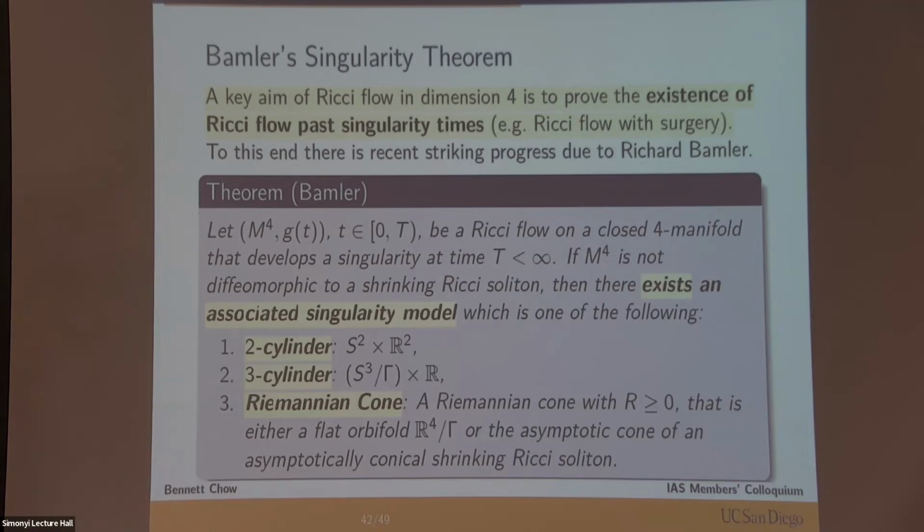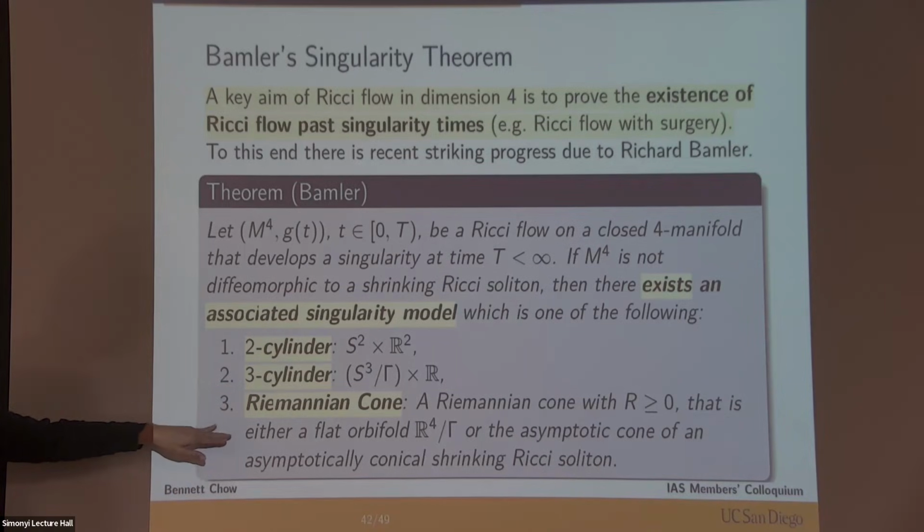And then basically you have the 2-cylinders, the 3-cylinders, and Riemannian cones, where Riemannian cones either come from the flat R^4 mod Gamma. Actually, in that case, it must come from a Ricci-flat ALE, if you have that. Oh, sorry, that's not true. That's only true in the steady case.